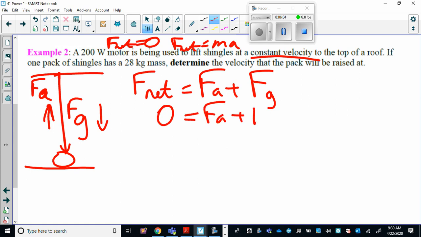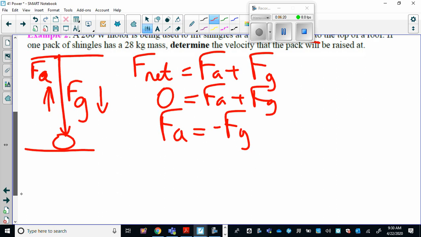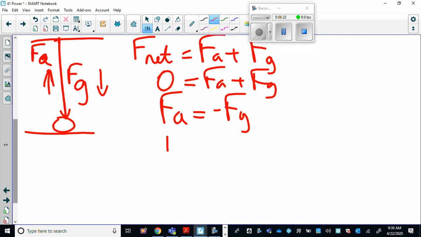So what we can really say is that the applied force equals the negative Fg, and therefore the applied force equals negative mg.